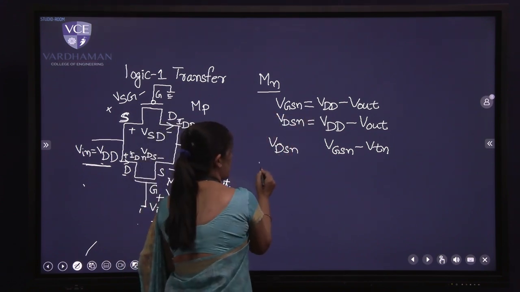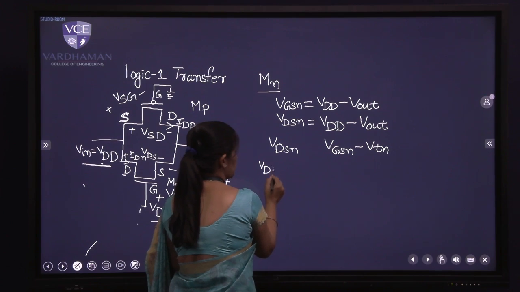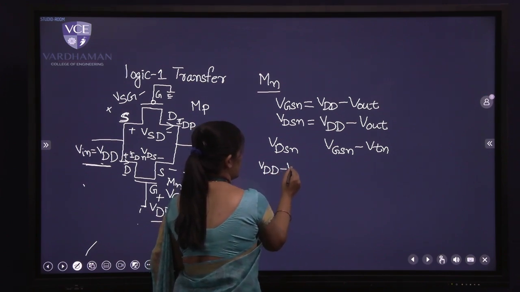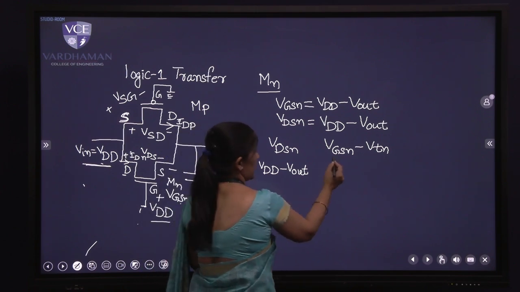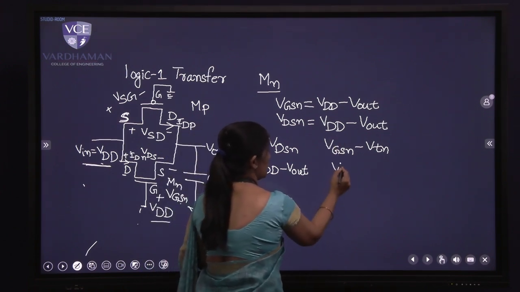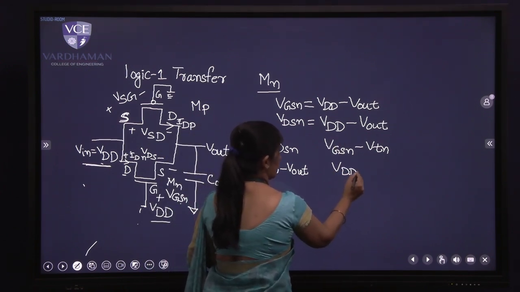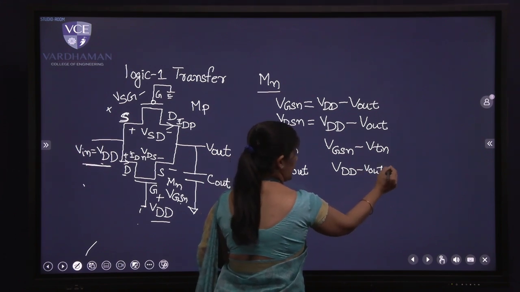So from here I can write VDSN is VDD minus Vout. Similarly, VGSN is also VDD minus Vout minus VTN.